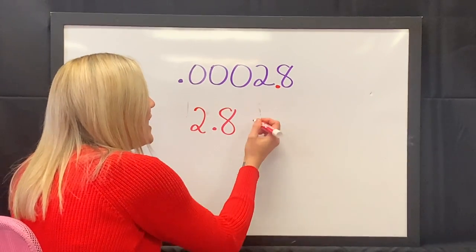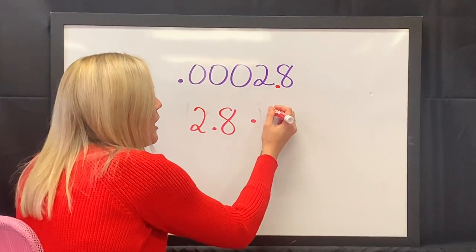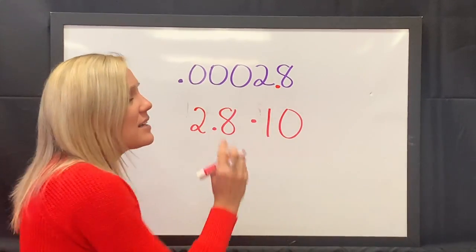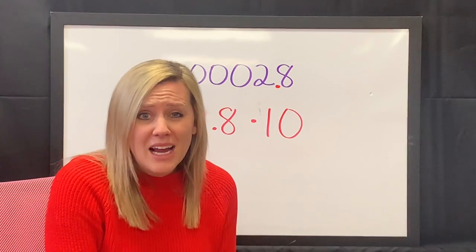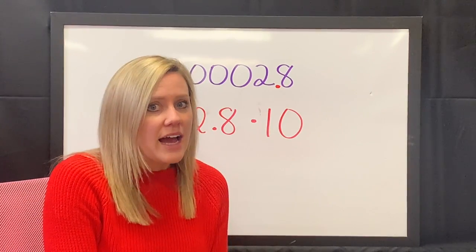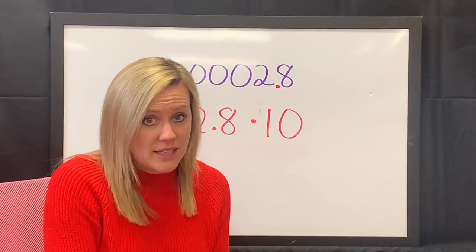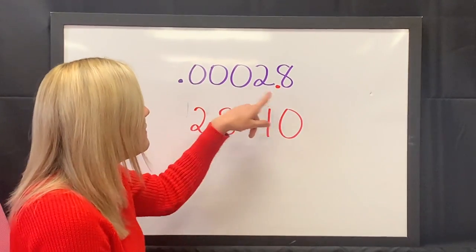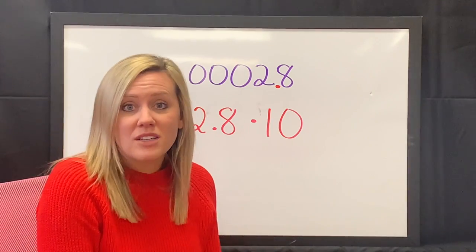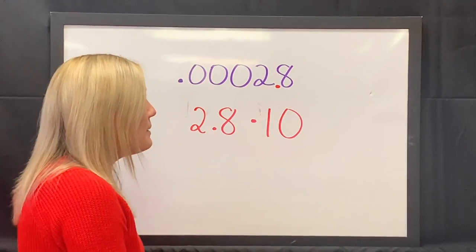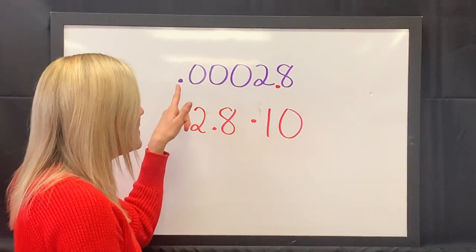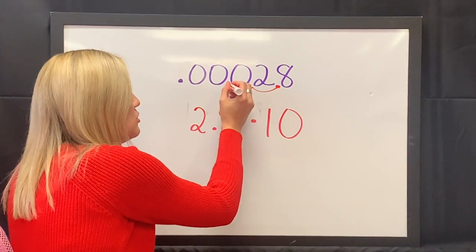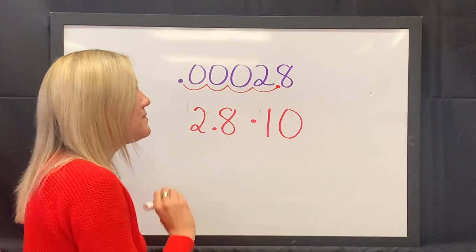And instead of asking myself how many times would I have to multiply by 10 to get back to the original number, I'm actually going to ask myself, how many times would I divide by 10 to get back to the original number? When we divide by 10, we get to move our decimal to the left. So I'm going to count the units left until I get to my original decimal. 1, 2, 3, 4.